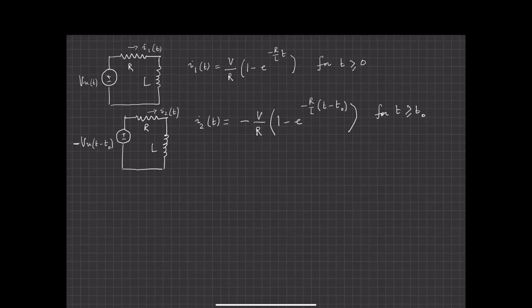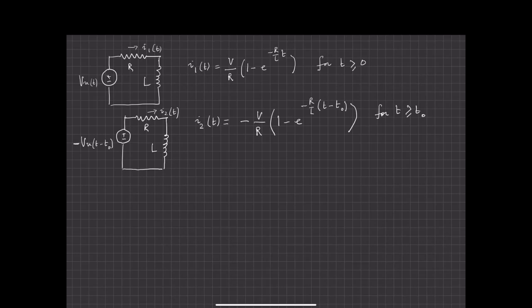U of t minus t naught is 0 for t less than t naught. All right. So now I have the solution. I have the total solution. Let's write it down.